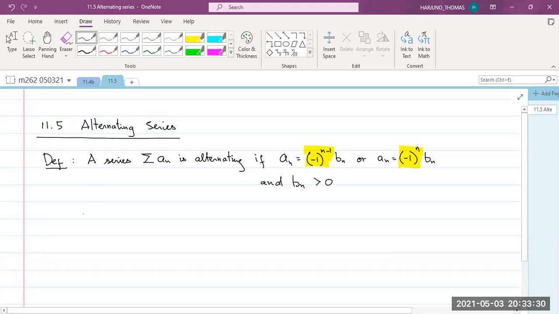So you will see that the sequence for A sub n will be either positive, then negative, then positive, then negative and on, or the sequence A sub n starts from negative and then positive and then negative and then positive and on.